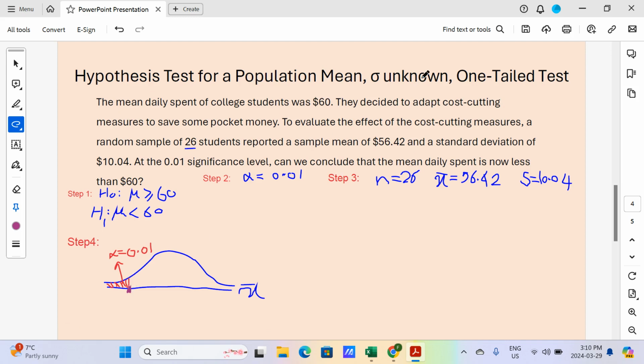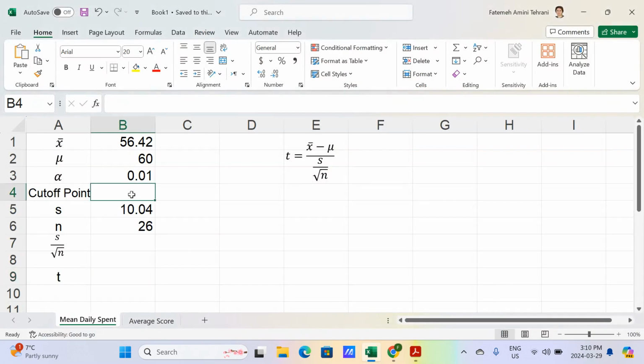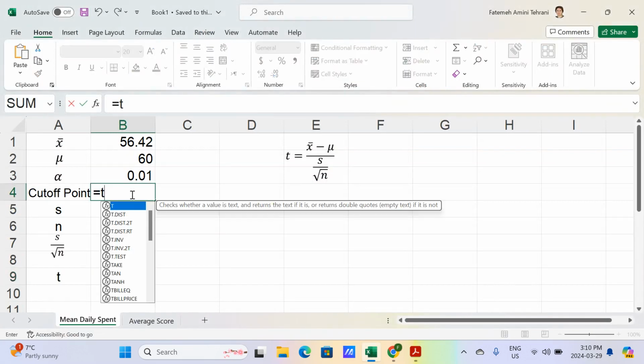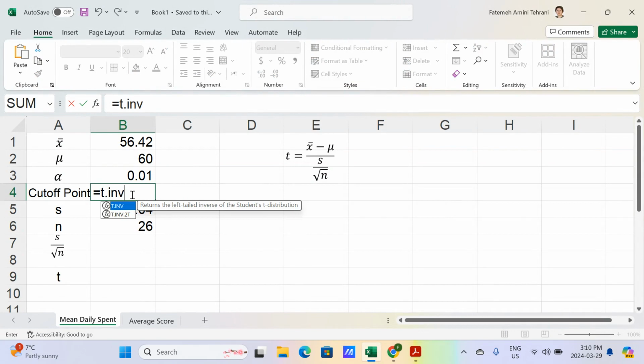Here, because sigma is unknown, I need to use t, and we have a one-tail test. I'm going to use the T.INV function in Excel. Let's go to Excel. To find the cutoff point, I'm going to use T.INV. This function returns the left tail inverse of the t distribution.